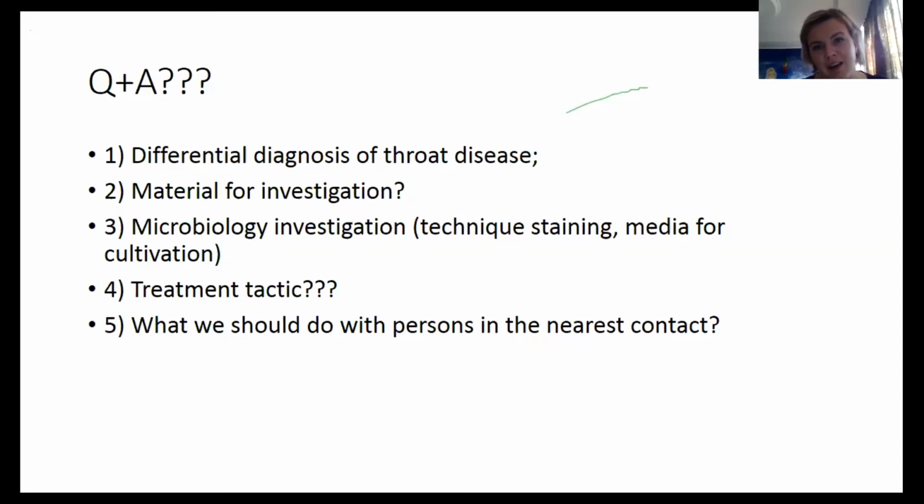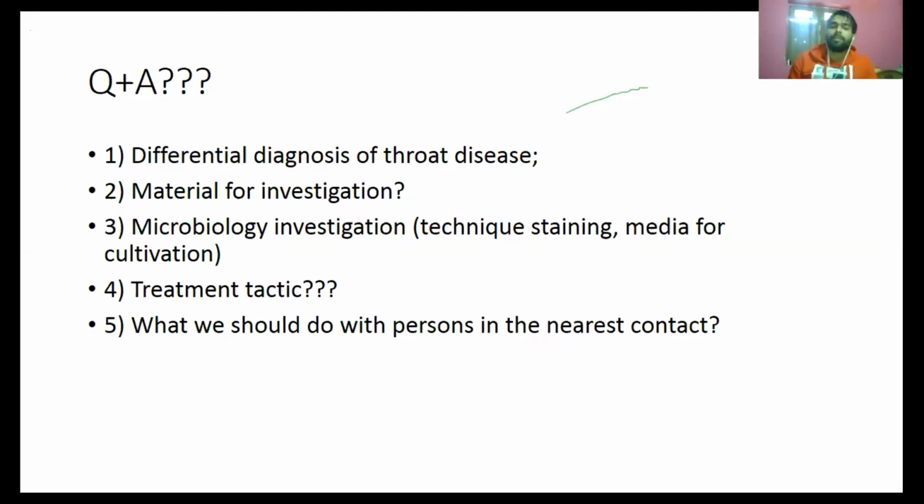I told you at the start of the lecture, I showed the pictures, students. No, we don't use this technique. First we will take the material from the affected area. You take it, but you prepare the smear after.